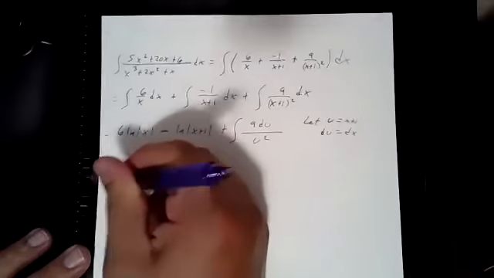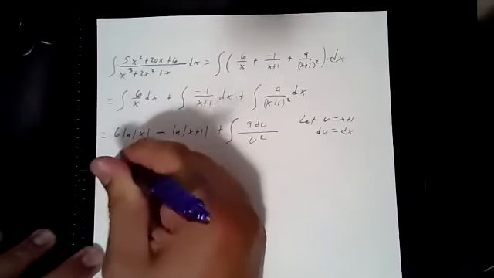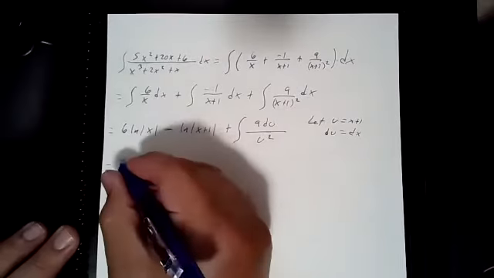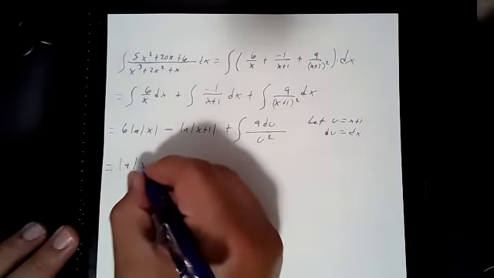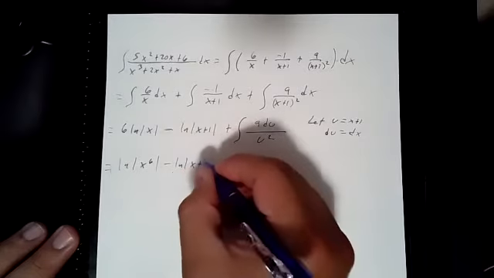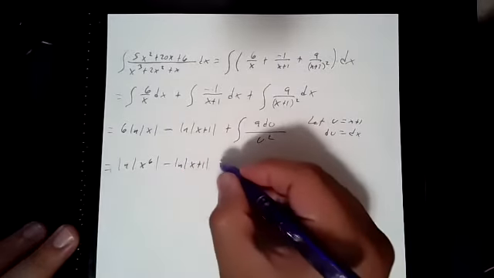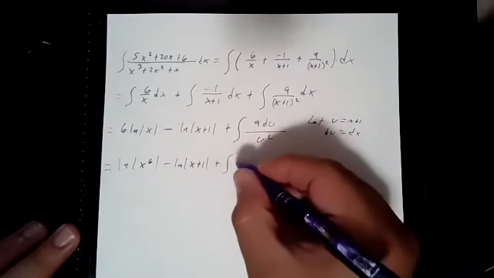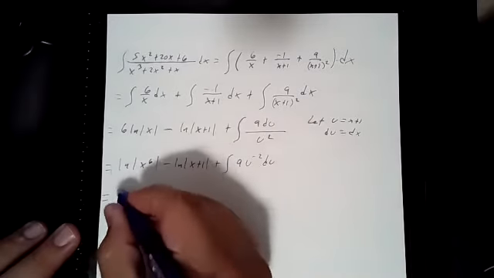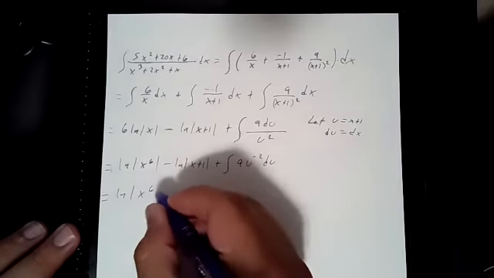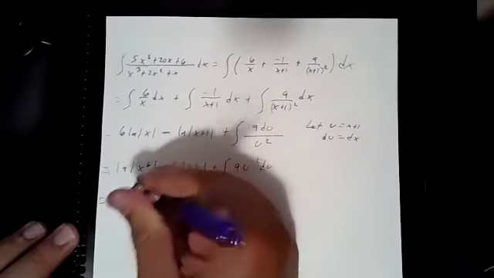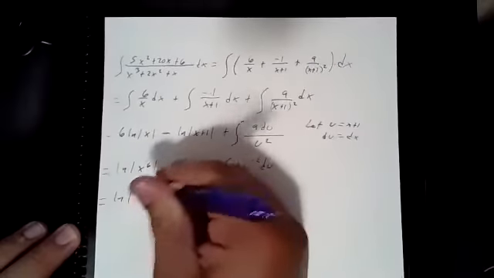Okay, and this one, you can bring that power up, right, using our log properties. Back in college algebra, this is going to be ln of x to the 6 minus ln of x plus 1. This one will be 9u to the negative 2. So that'll be an easy one. Although we can combine these a little further.